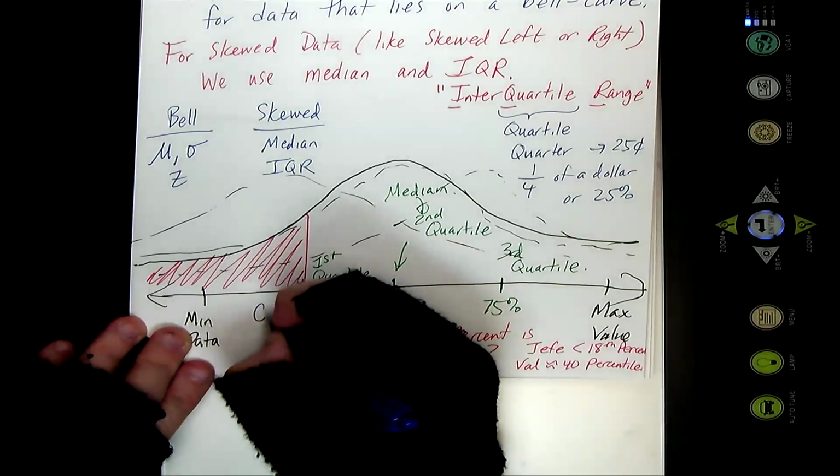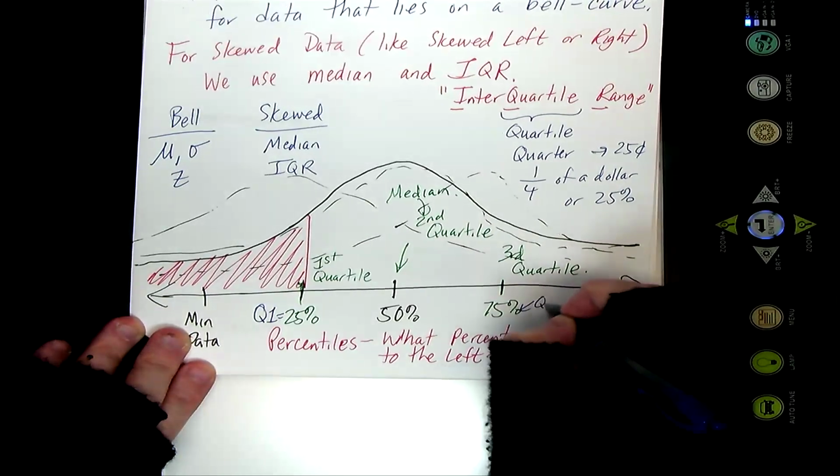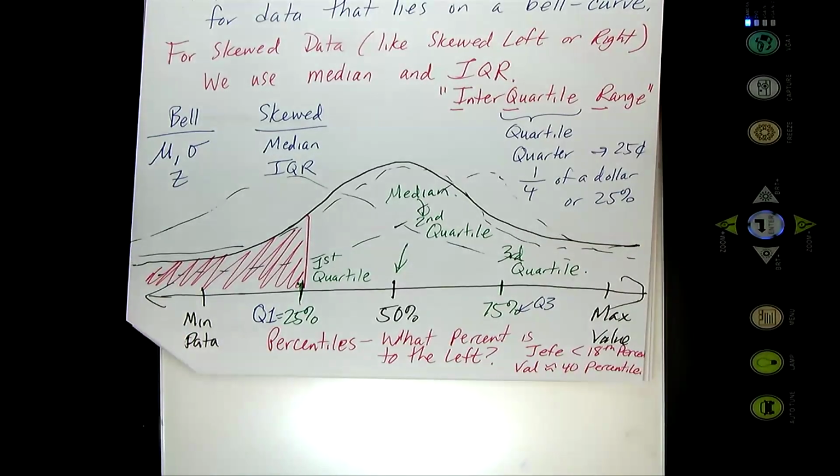We tend to call this one Q1 and this one Q3, just because you get tired of saying and writing quartile. Q is for quartile.